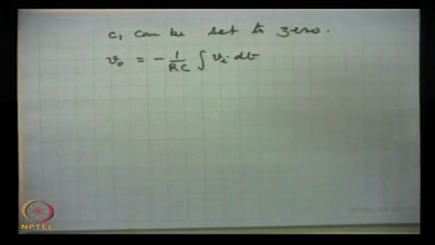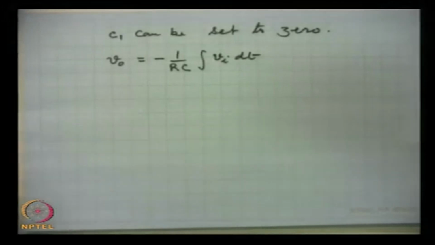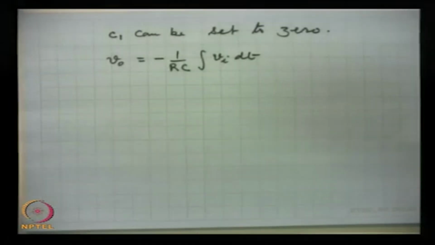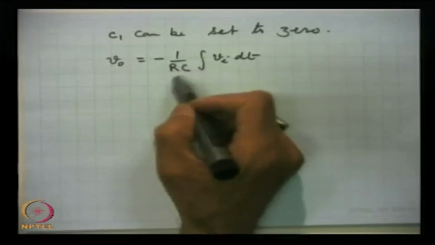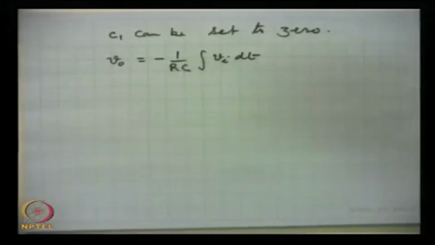This is the expression for the output voltage, and the amplifier therefore provides an output voltage which is proportional to the integral of input voltage. Here RC is a constant, the time constant of the circuit.